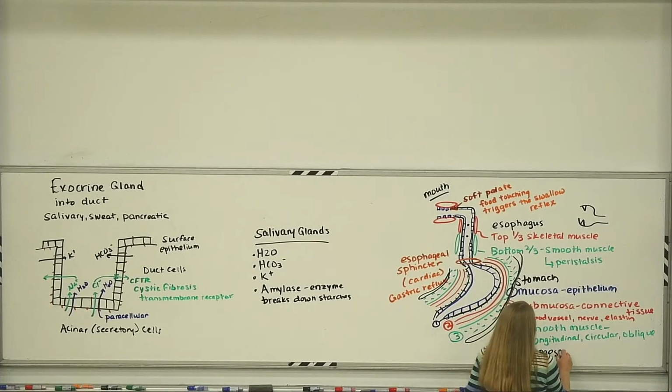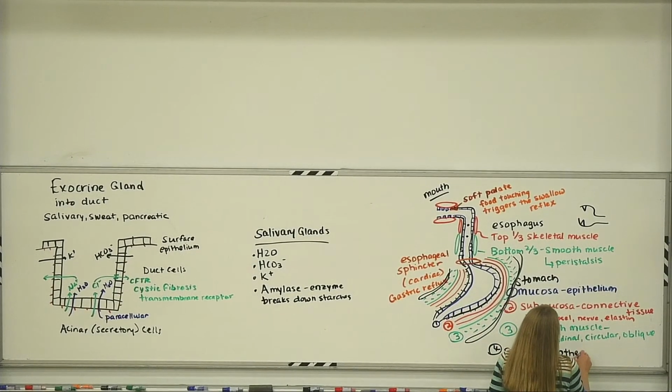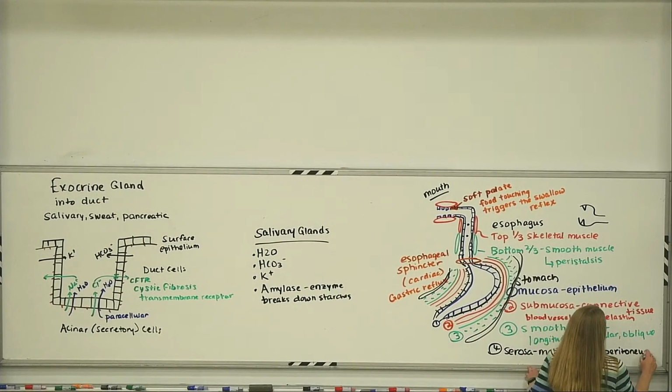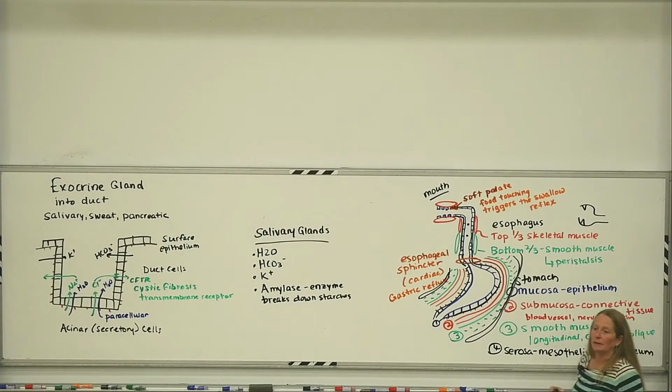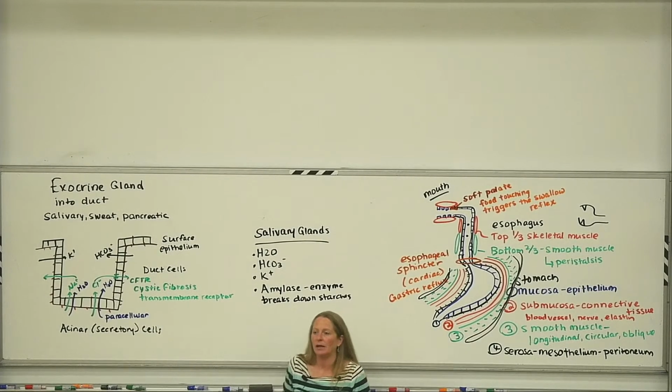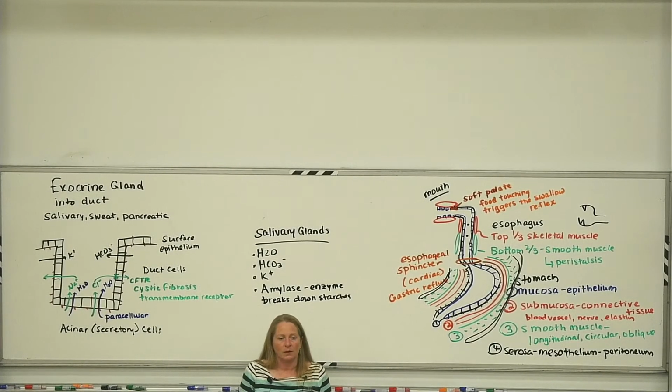And here we just call that peritoneum. And by here, I mean the abdomen. Every organ in the abdomen except the kidneys is actually covered by peritoneum. You may have sometimes heard the kidneys referred to as retroperitoneal, and that just means it's behind the peritoneum because it's at your back.